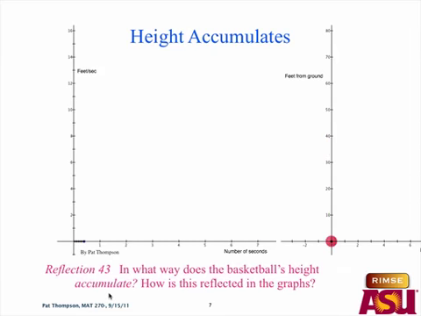Okay? Last question, in what way does the basketball's height accumulate, and how is it reflected in the graph? Last question. How does the height accumulate? Anyone pick up on what this is about? Alexis? It keeps getting higher a little bit at a time.